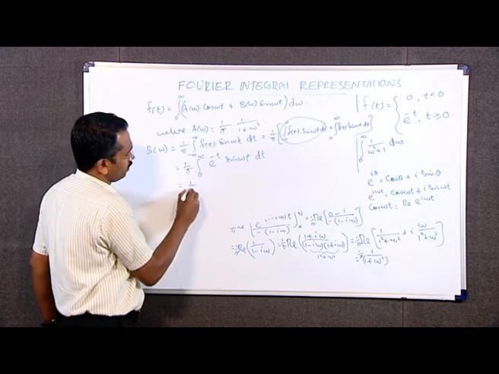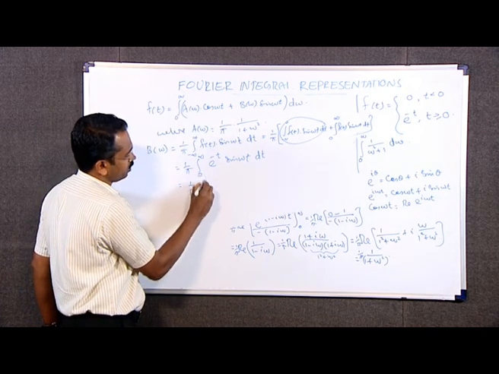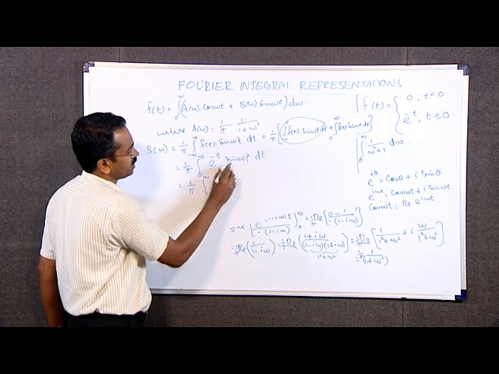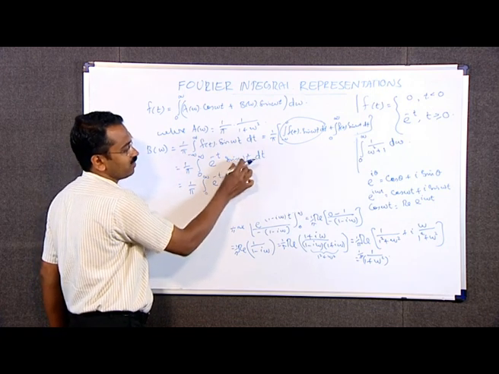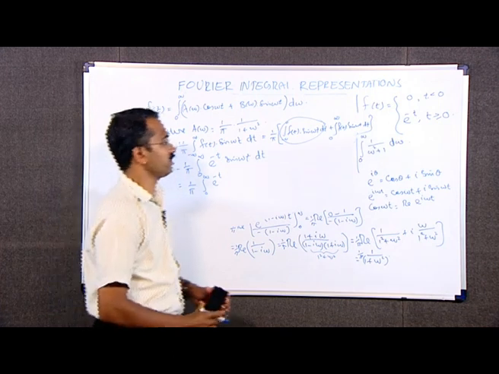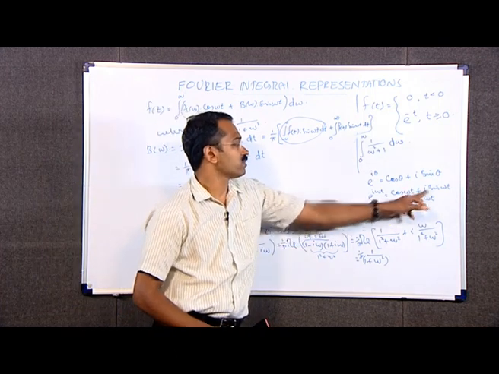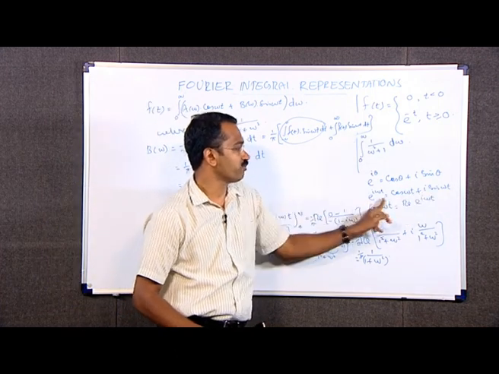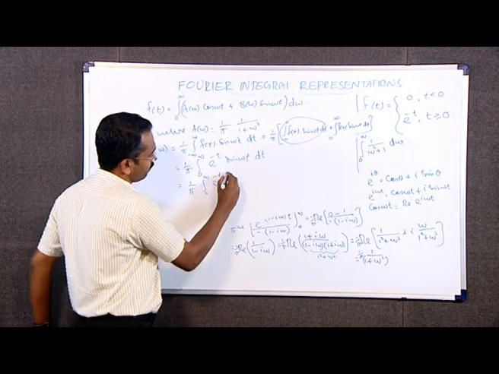That is equal to 1 by pi into integral from 0 to infinity e raised to minus t into sin omega t dt. This sin omega t can be written as the imaginary part of e raised to i omega t.